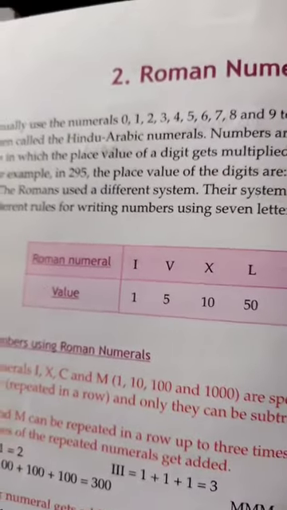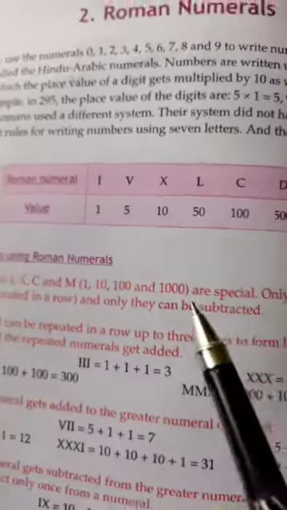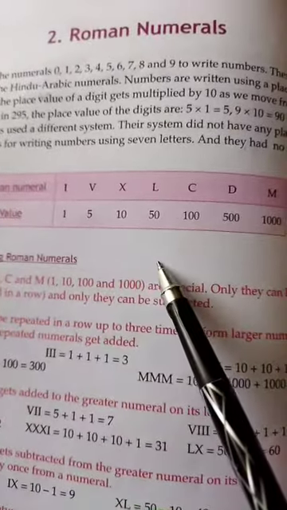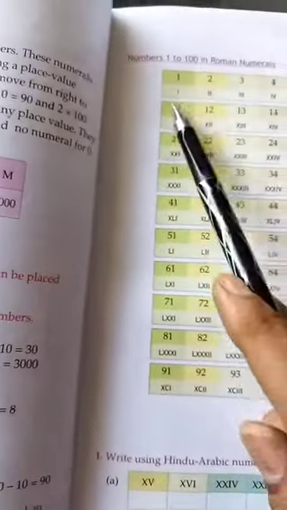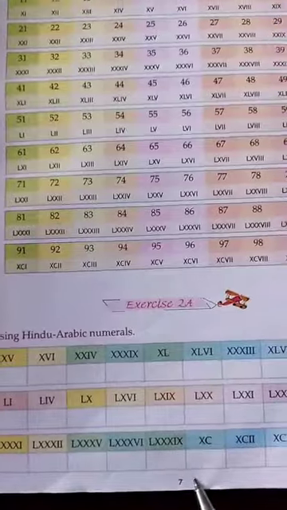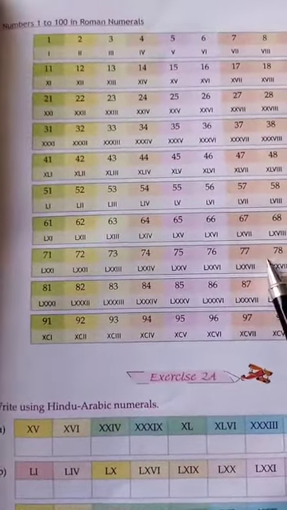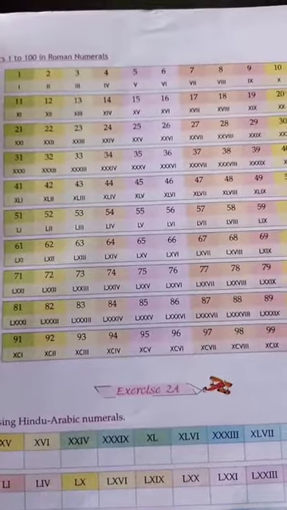Now coming on to chapter number 2, Roman numerals. In this chapter, you have to learn the table of Roman numbers from 1 to 100. It is given on your page number 7. This table is very, very important. You have to learn it from 1 to 100.